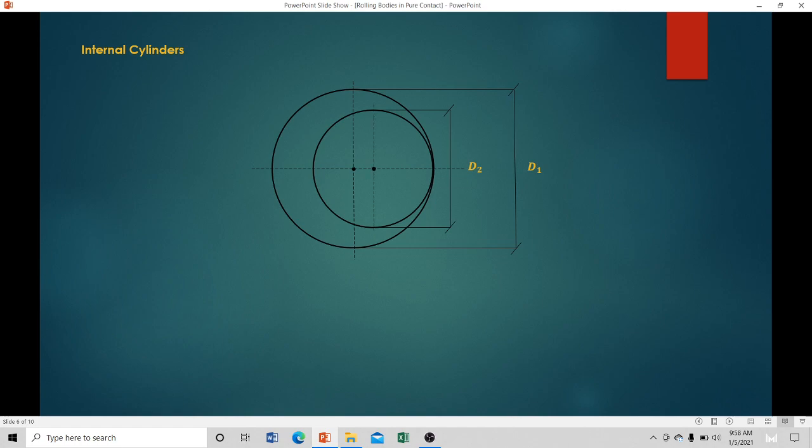If you locate the centers, they are two separate centers. As we observe in this figure, the center distance becomes C is equal to R1 minus R2, which is just the difference of the radii of the two cylinders.